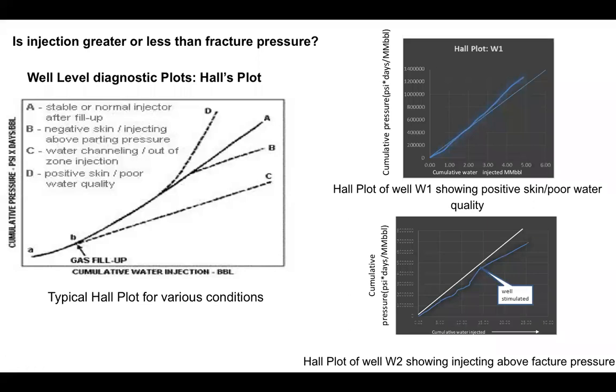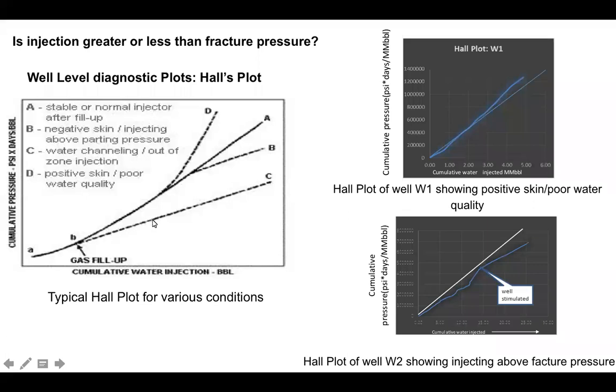So it might be a case of positive skin in your well, because over time, continued injection leads to formation of scales in your injector wells, and it needs to be treated with acid from time to time to clear the scale, stimulate the formation. It will reduce the skin, it will go negative, and then your injection will go in the direction that you have planned it to be.